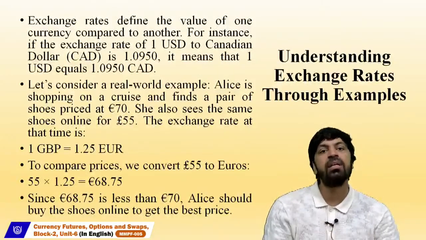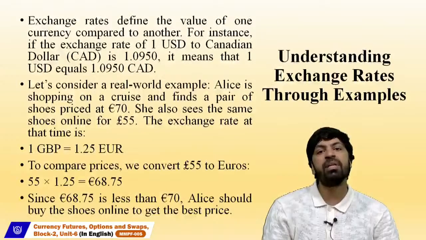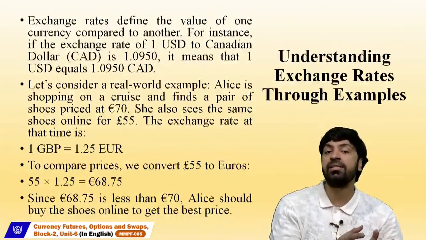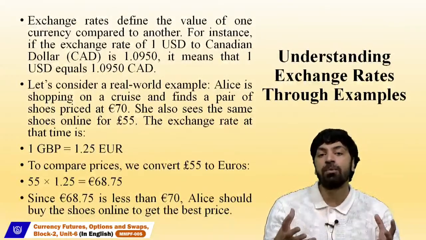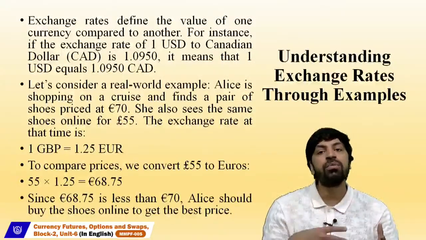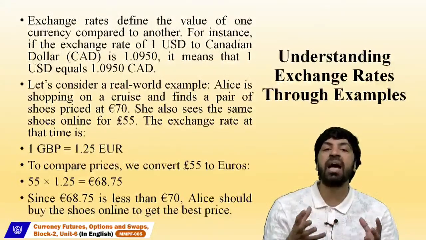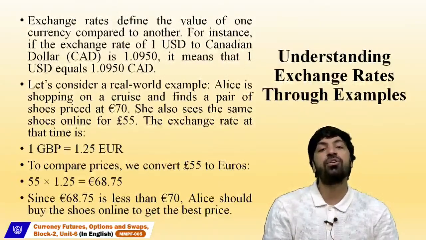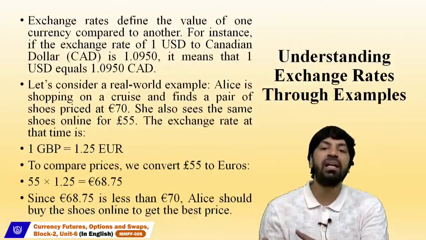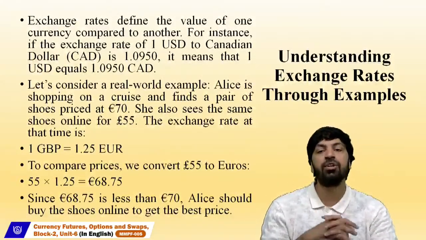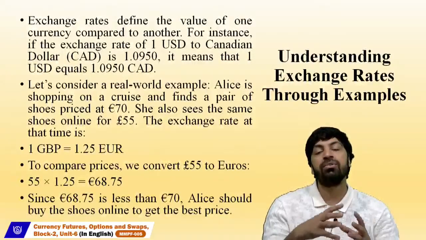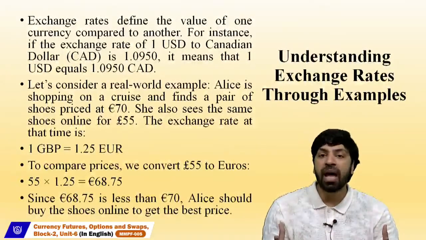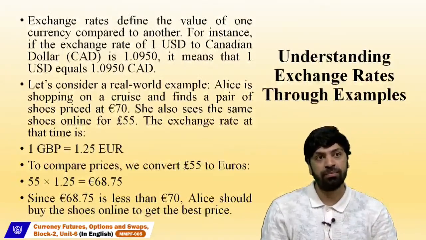Since euro 68.75 is less, Alice will take the better option to buy the shoes online to get the best price, euro 68.75, rather than spending euro 70 by purchasing in the store.